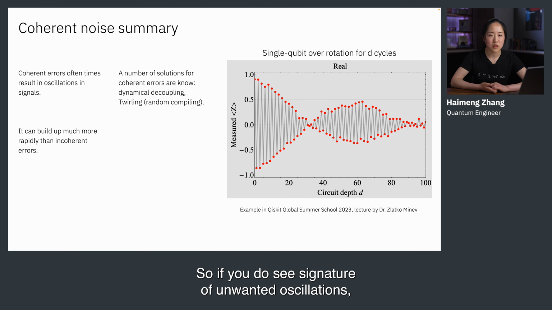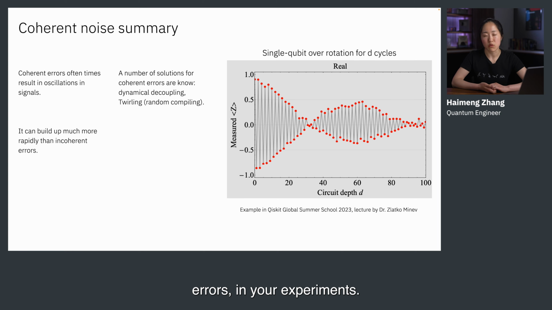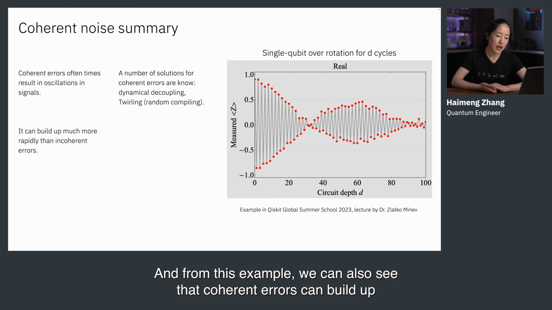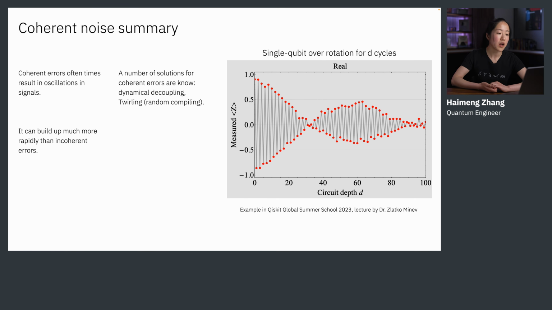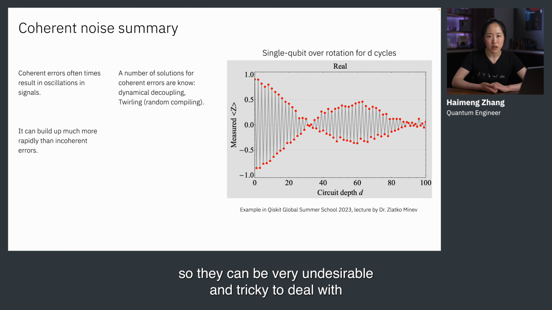So if you do see a signature of unwanted oscillations, that could possibly indicate the presence of coherent errors in your experiments. And from this example, we can also see that coherent errors can build up much more rapidly than incoherent errors, at least in short time. So they can be very undesirable and tricky to deal with.